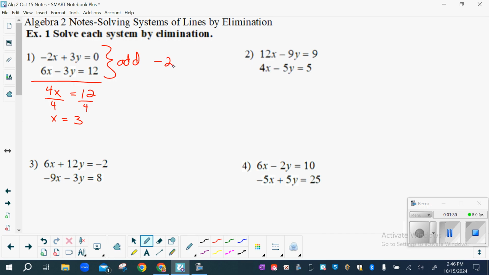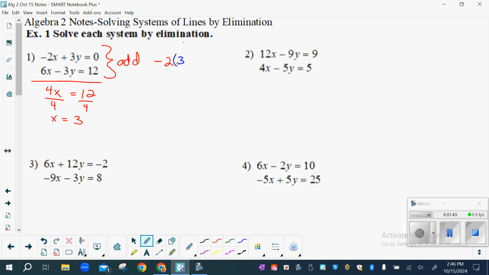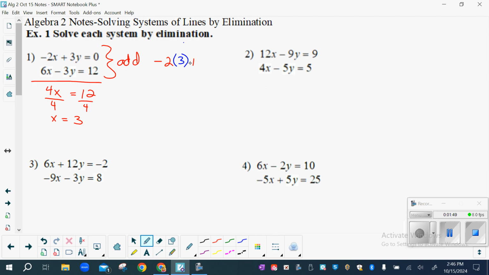So if x is 3, I'm going to put that into the x. So I get negative 2 times 3 plus 3y is 0.